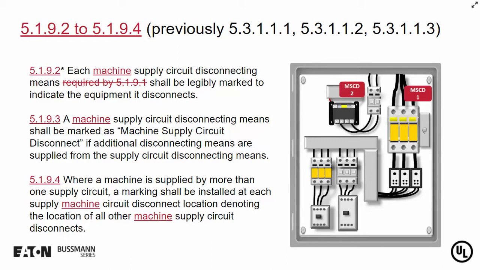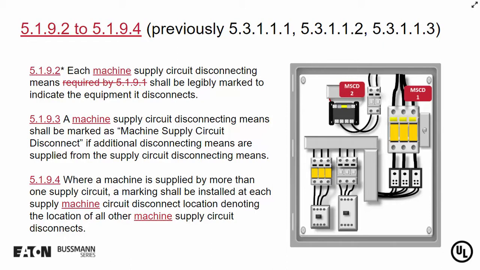Whether it's a panel has one disconnect or multiple disconnects, it's very important to make certain that each disconnect has identification as to the equipment it disconnects. Because if you have multiple disconnects in a control panel, for example, what you're seeing here, it may be necessary to open one of those disconnects but leave the other one closed for maintenance purposes or measuring or testing.